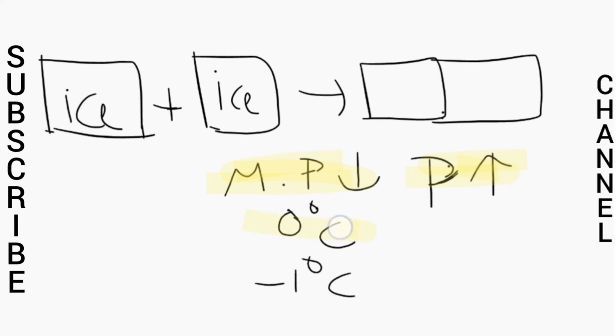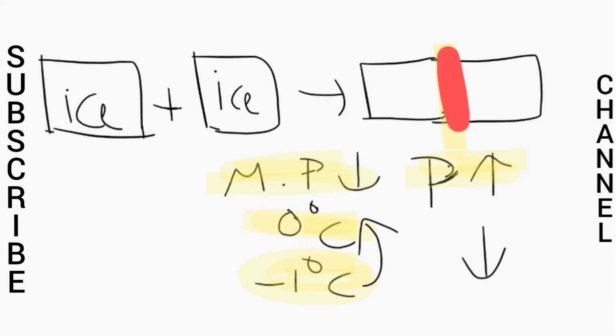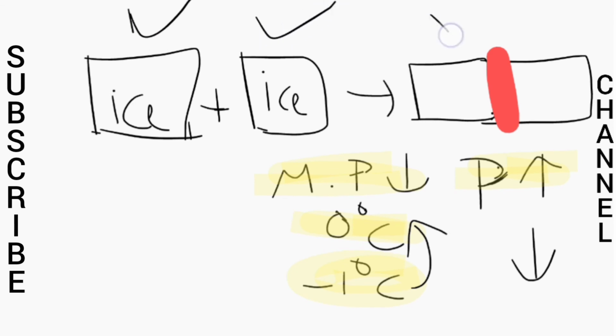Actually ice melts at 0 degrees, but when we increase pressure, the ice melts at about 1 degree Celsius below that. Water melts between the two layers of ice, and once we reduce the pressure, the water that melted returns to its melting point of 0 degrees Celsius and gets frozen, making the two pieces of ice into a single piece.